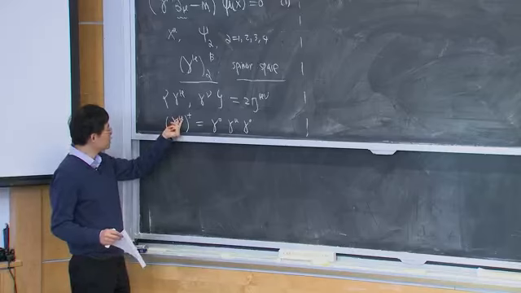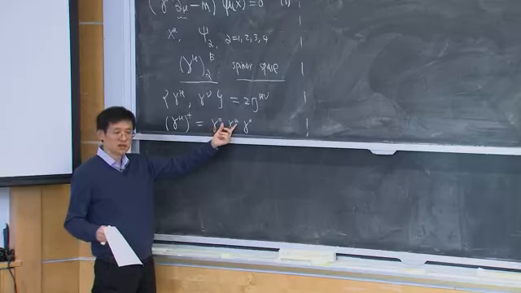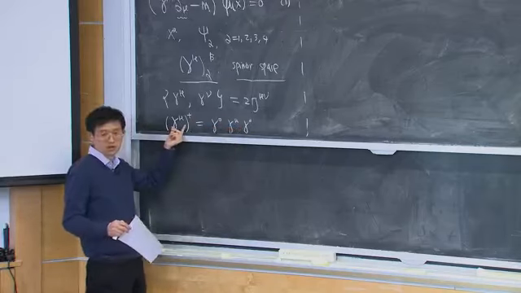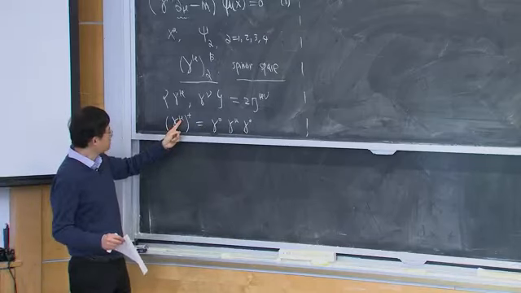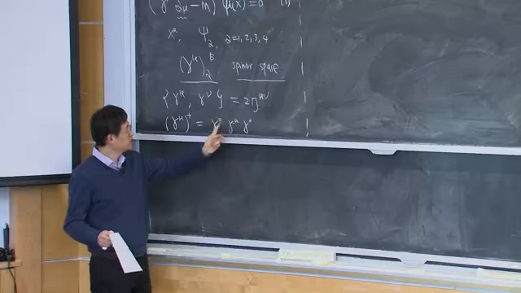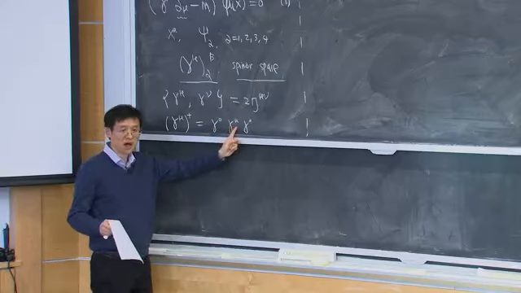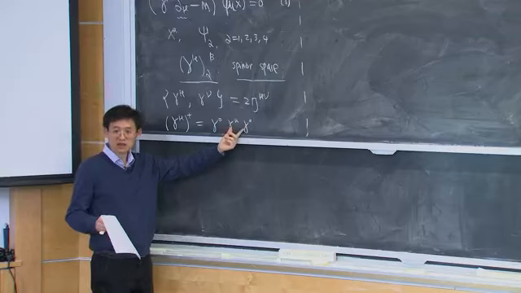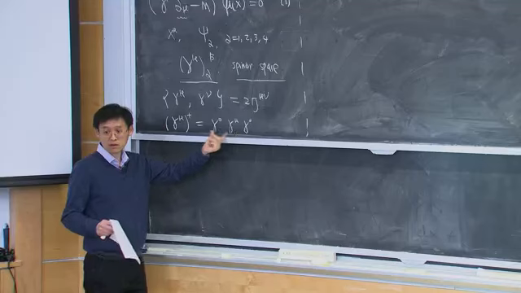When mu is equal to 0, gamma 0 times gamma 0 squared is minus 1, and then you get minus gamma 0, which tells you that gamma 0 is anti-Hermitian. If you take the index to be i, then since 0 and i are not the same, they anti-commute. You can pass gamma 0 through gamma i and get a minus sign, and gamma 0 squared gives another minus sign, so you get a 1. That means gamma i dagger equals gamma i, so gamma i is Hermitian.